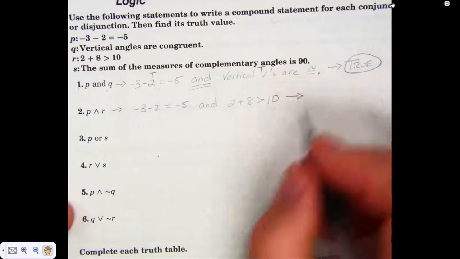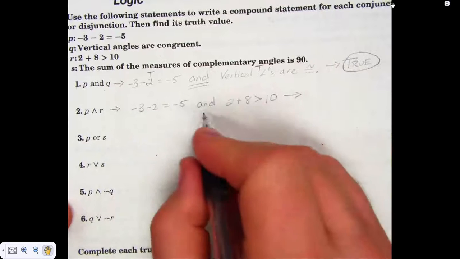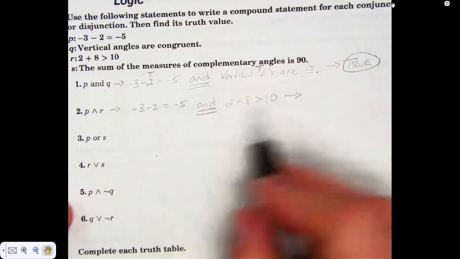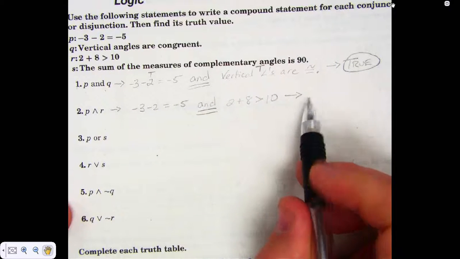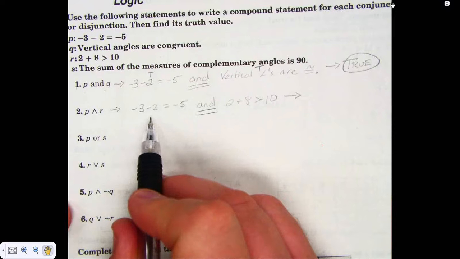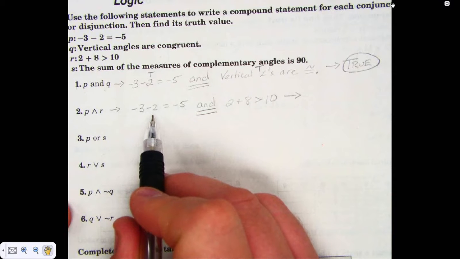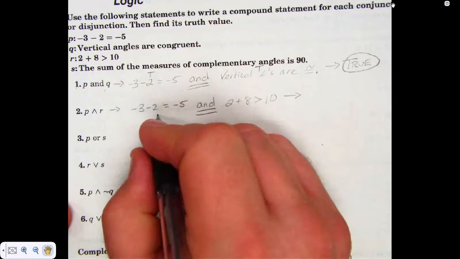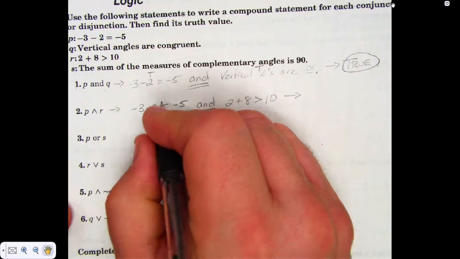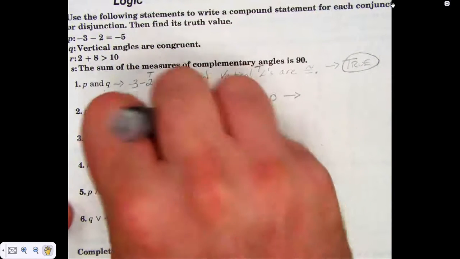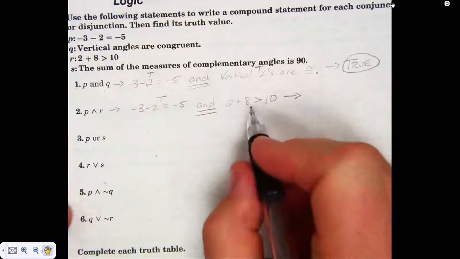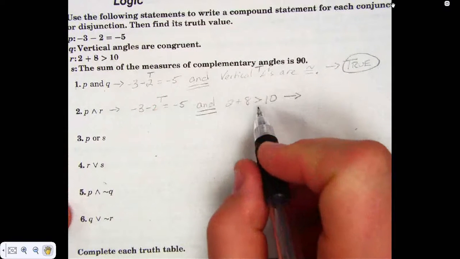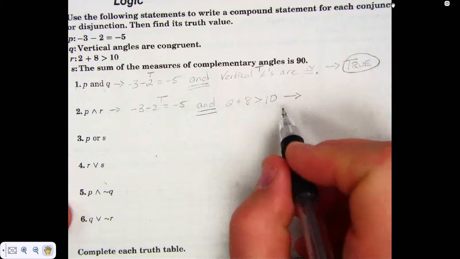Okay. We've written it down. We have the word and. To figure out its truth value, I have to look at each smaller piece. Is the first part, is P true? Yes, it is. This part is true. How about R? 2 plus 8, is it greater than 10?